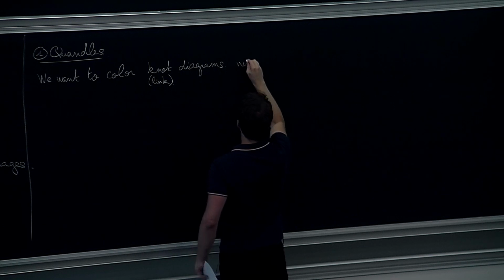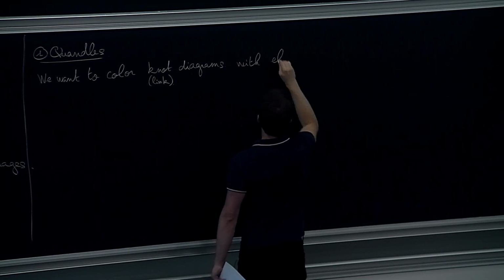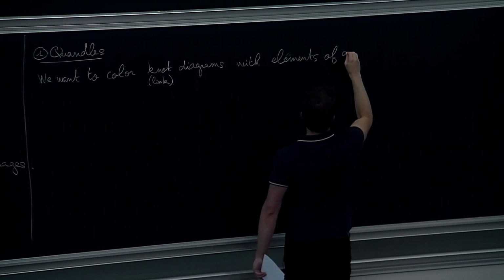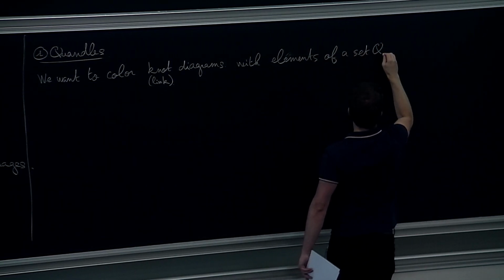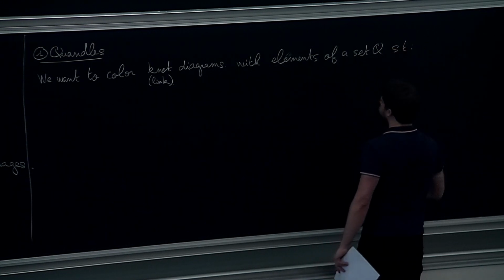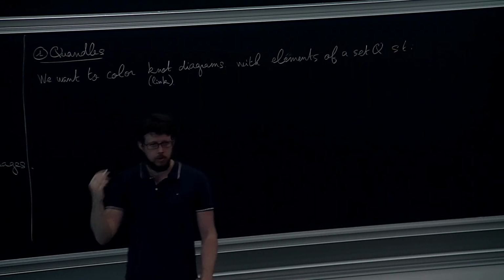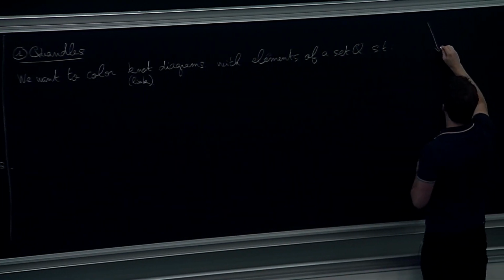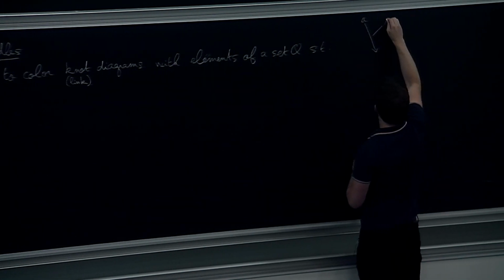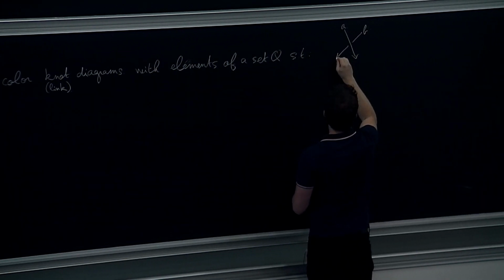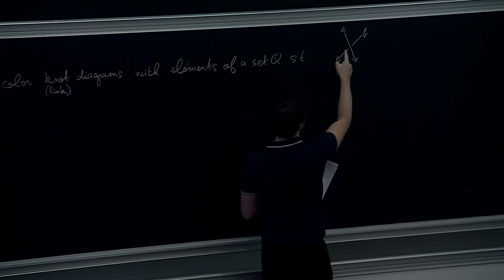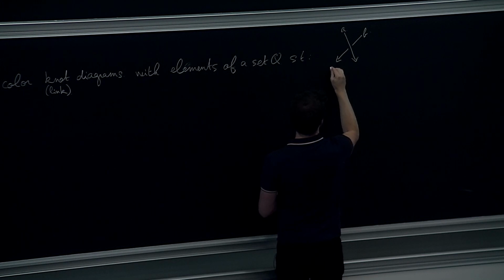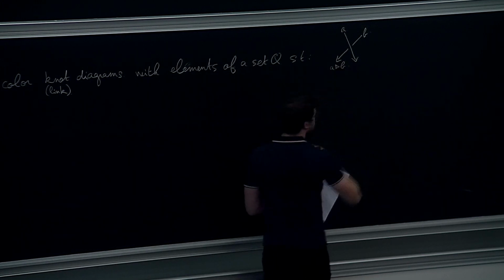With some colors, and colors will be elements of a set Q, and we impose some coloring rules, and the rules are as follows. If I have A and B like this, then we color arcs of the diagram, and this one will be colored by something depending on A and B.